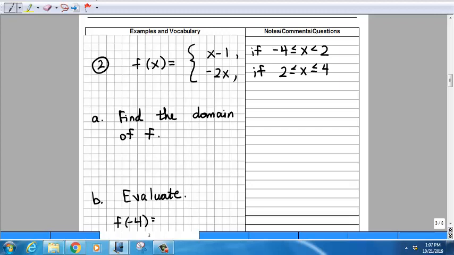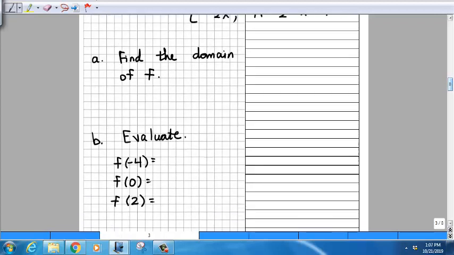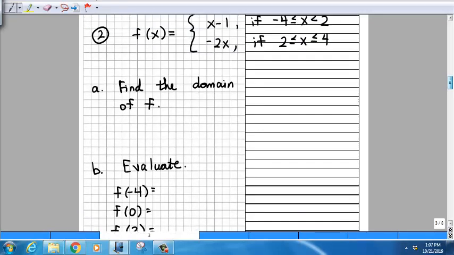All right, so let's see if we can evaluate this function f. If we can't evaluate it, then we certainly can't do anything else with it, right? So what would f of minus 4 be? How would you know to evaluate f of minus 4? Well, you've got to figure out, is minus 4 in this set or is minus 4 in this set?